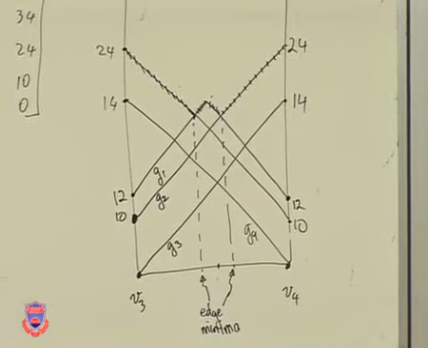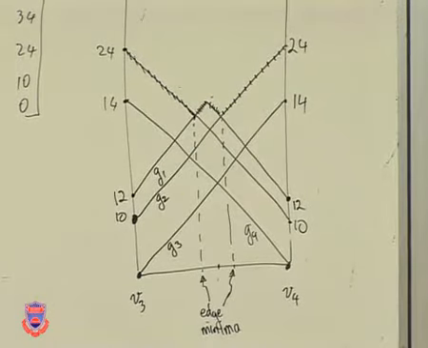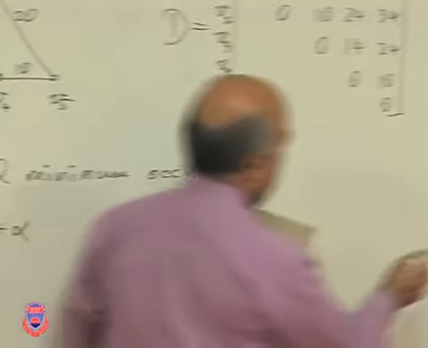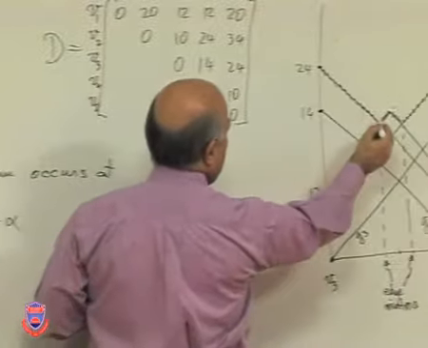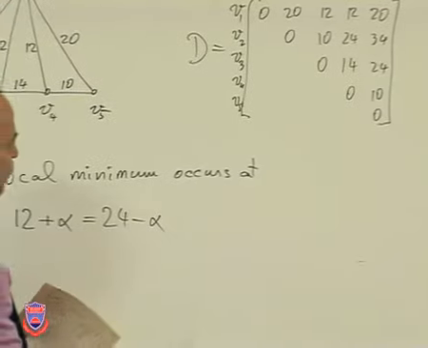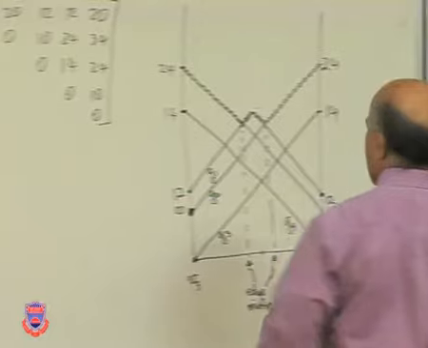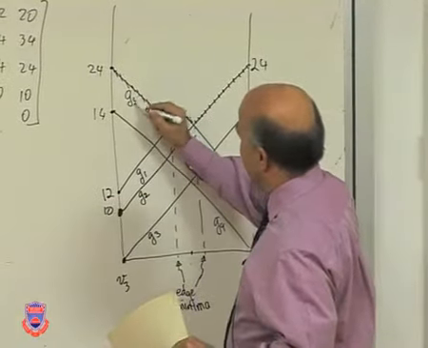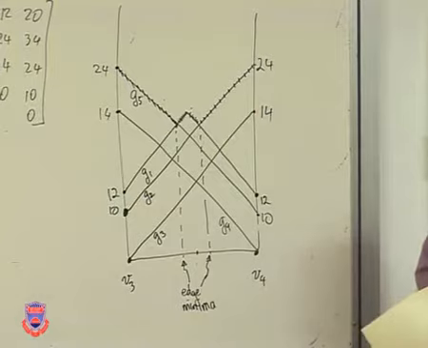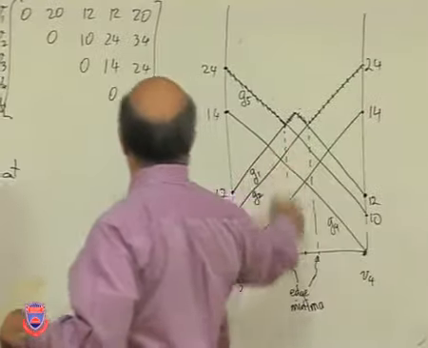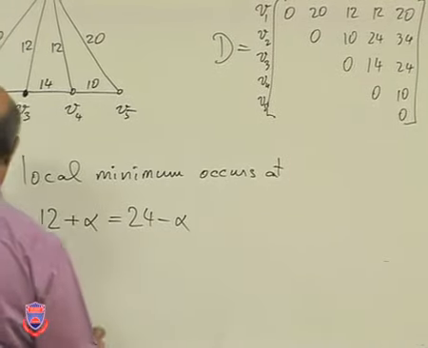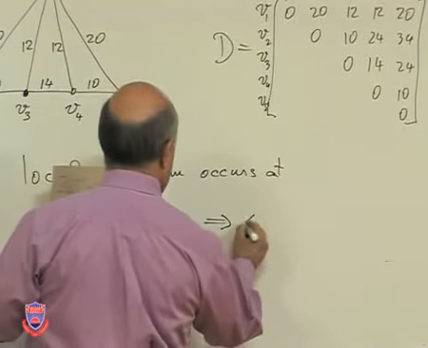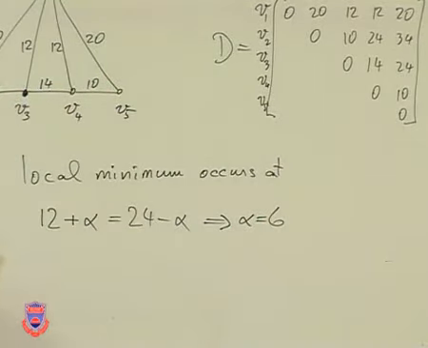The local minimum occurs at the point where 12 plus alpha, which is this one, intersects 24 minus alpha, which is that one. Yeah, that's G5. So the first intersection occurs at 12 plus alpha intersecting 24 minus alpha. And when you solve for that, you get alpha equals 6. So there's one minimum at that point.